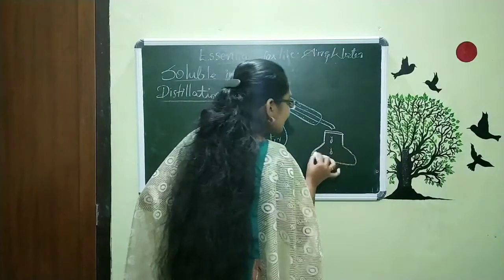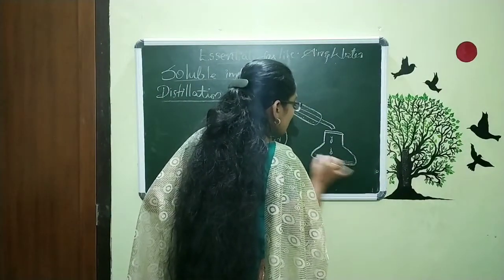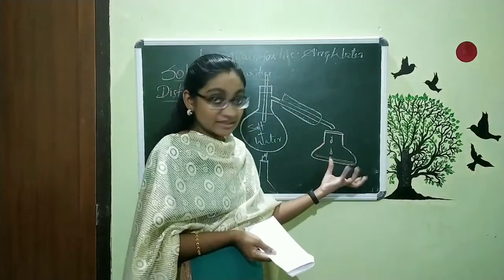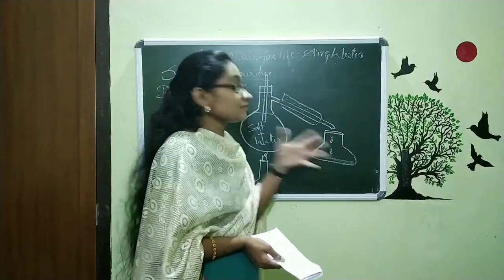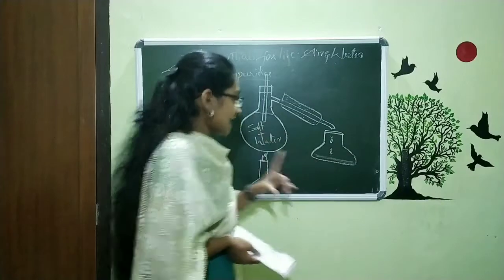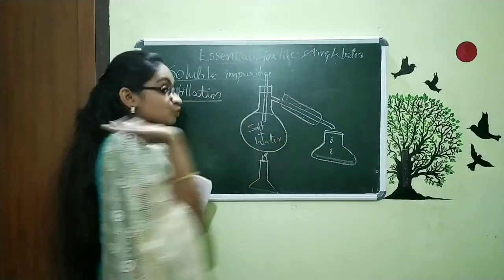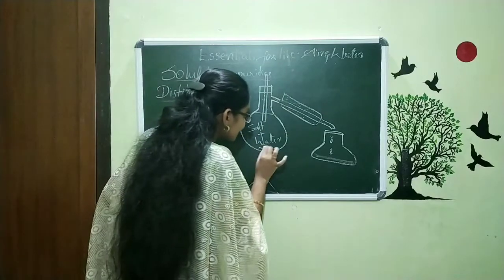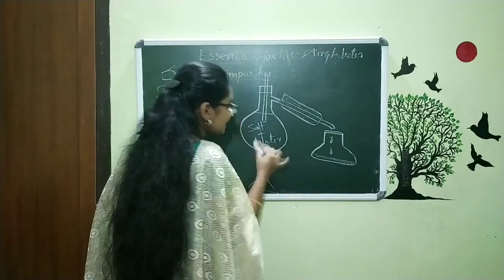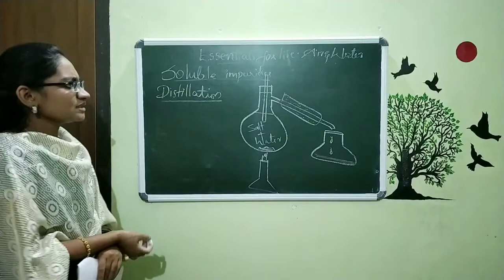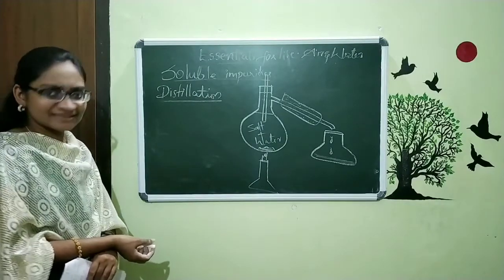So we can collect this water at this point. When we put a beaker here, you will get clear or pure water. And after the whole water is converted to steam, the salt is left at the bottom. So this is actually the process of distillation.